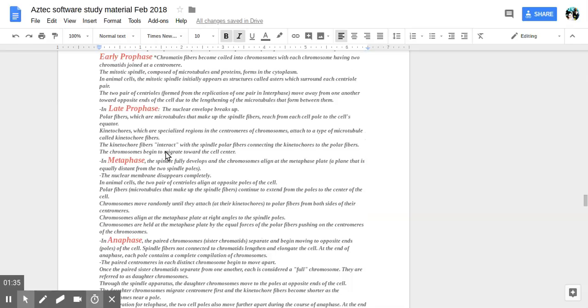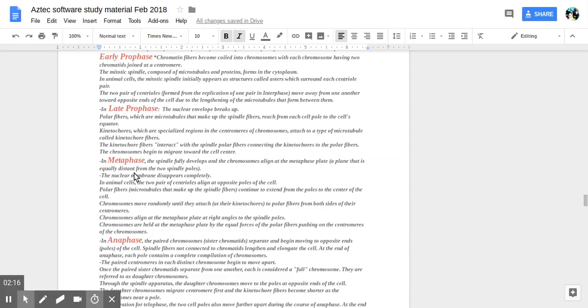Then through prophase, you have the chromosomes coiling up, the sister chromatids of each chromosome joining at a centromere, the mitotic spindle and the asters around the spindle, and the centriole pairs being pulled apart.